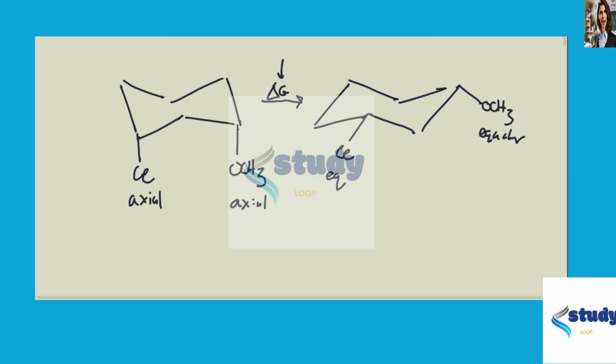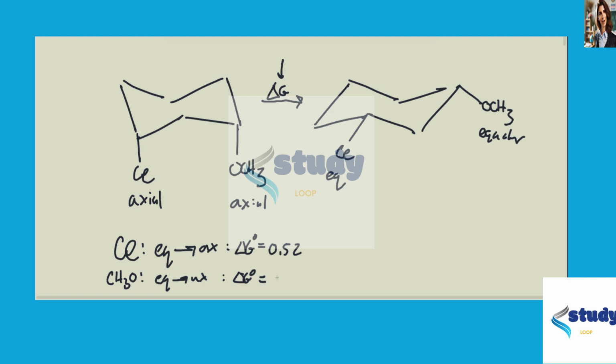Okay, so let's look at this table. We're told that chlorine going from equatorial to axial implies a delta G of 0.52. And methoxy going from equatorial to axial implies a delta G naught of 0.75.